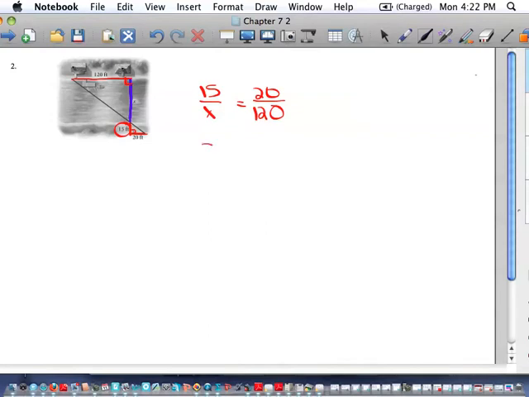Cross multiply, you get 20x equals 1800. So x is equal to 90. So the distance across this stream is 90 feet.